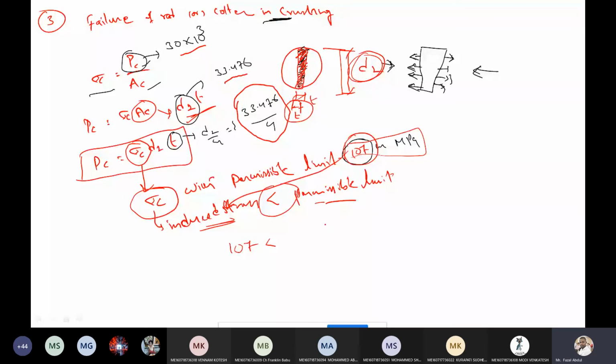which values do we have to change? Whatever the values appearing here, D2 value, T value, that value we have to change. So therefore, dimensions D2 as 34 mm, okay, 34 mm, and T value, thickness of the quarter, as 8.5 mm is not safe.